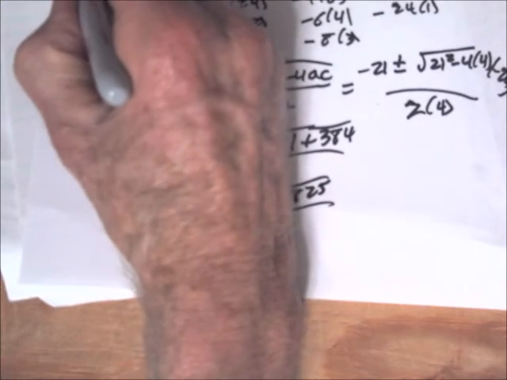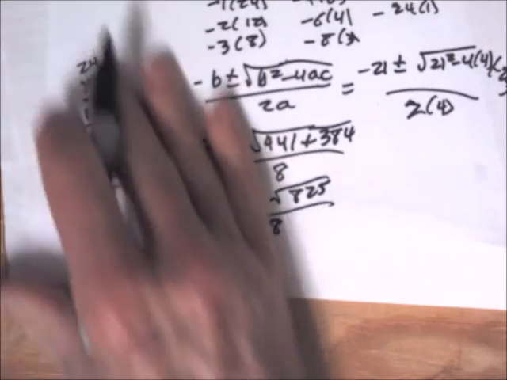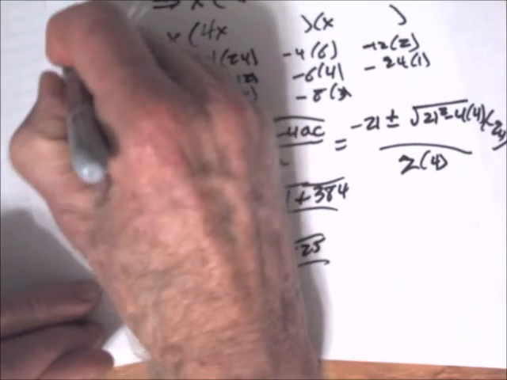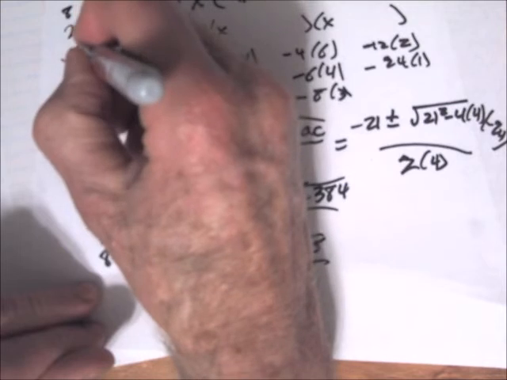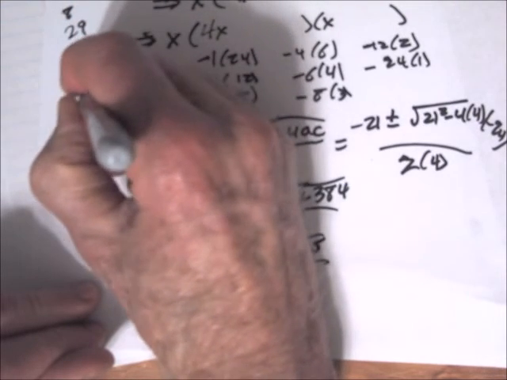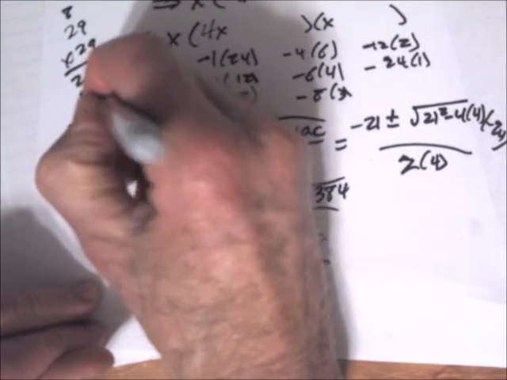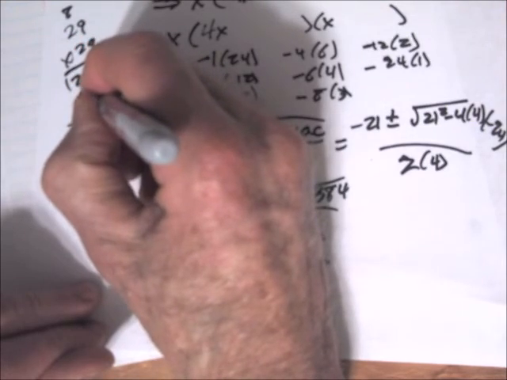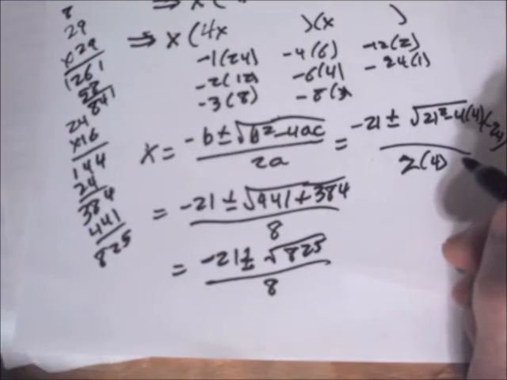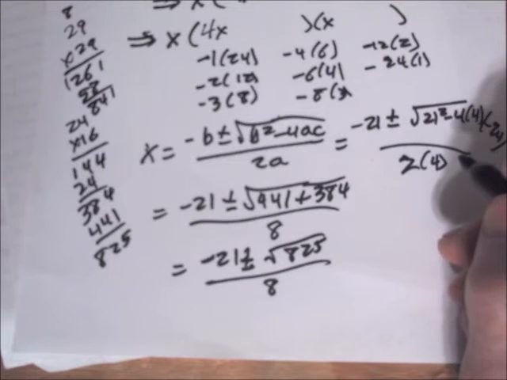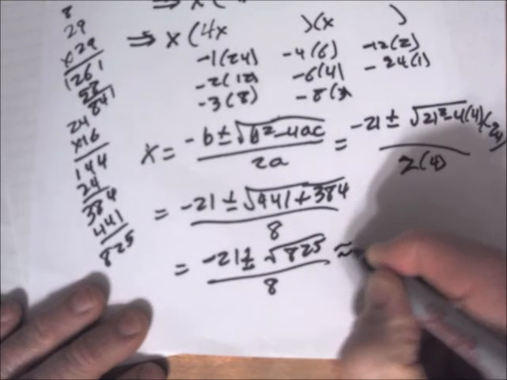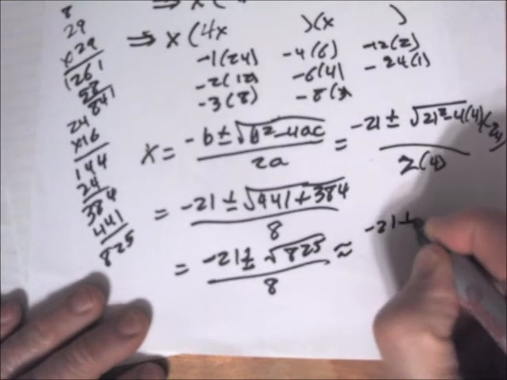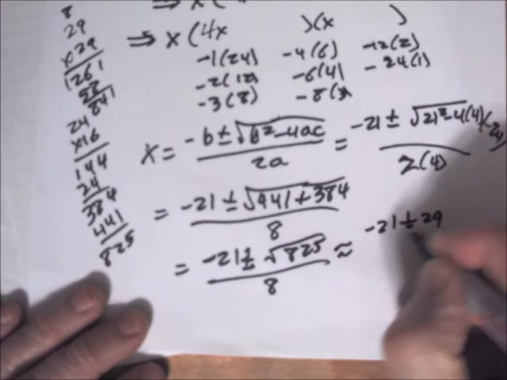Let's try 29. 29 squared is 841. So that's pretty close. Let's say approximately 29. So x is approximately negative 21 plus or minus 29, over 8.